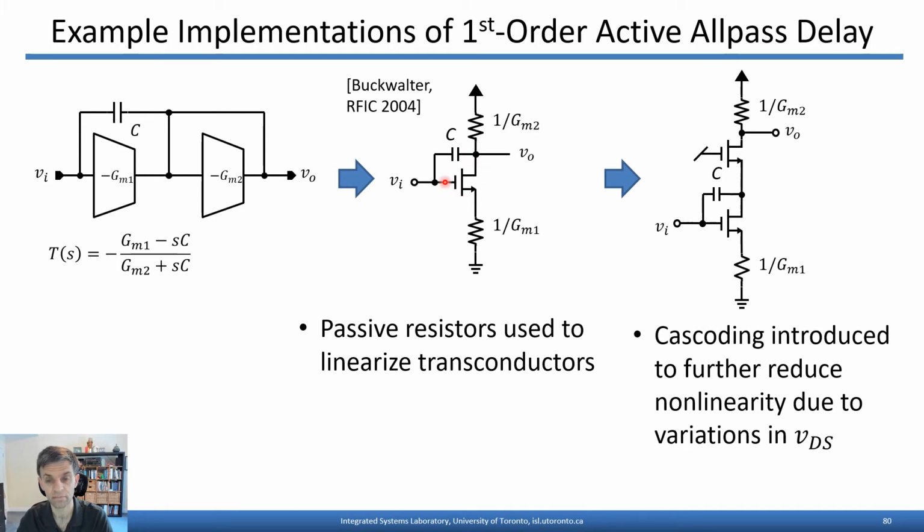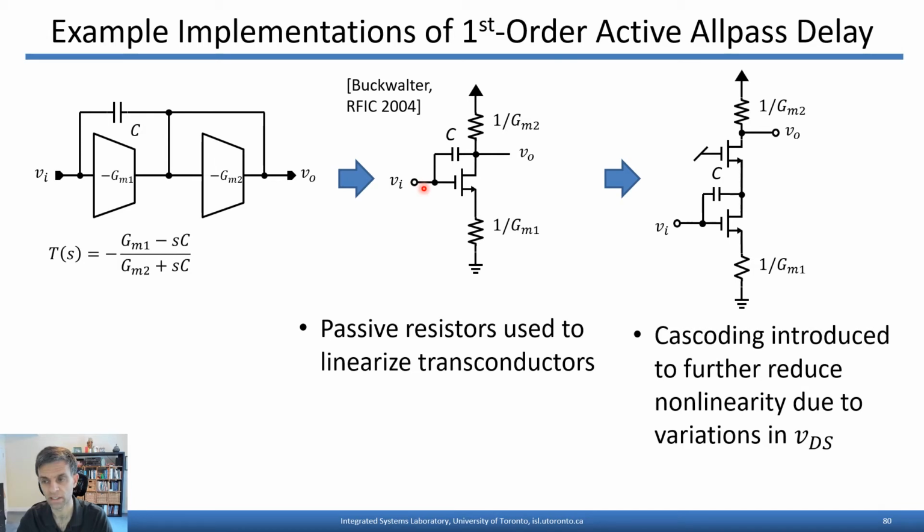that's seeing some VGS swings and also some VDS swings. So in fact, as VI goes up, this source node also moves up, but VO will move down. So VDS is changing quite a bit as VI swings, and that's going to give rise to some nonlinearity in this circuit.